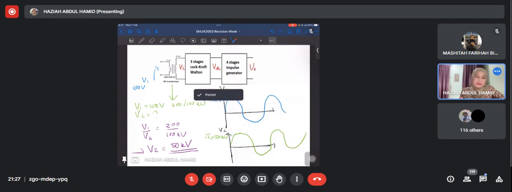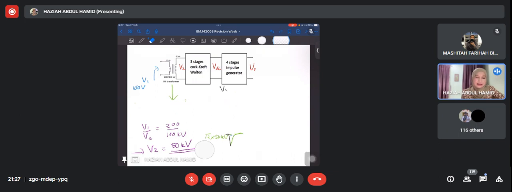Okay, next stage. The next stage is your Cockcroft-Walton. Okay, open the notes. The Cockcroft-Walton input is AC, output is DC. The input is the V2 we calculated earlier and the output is DC.